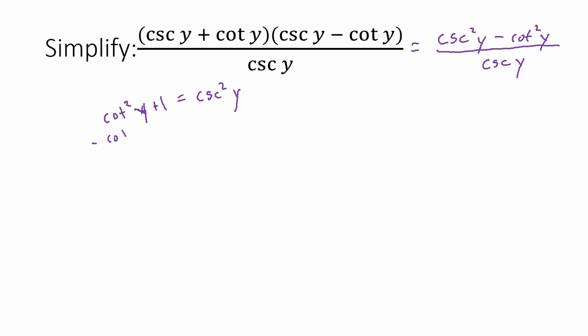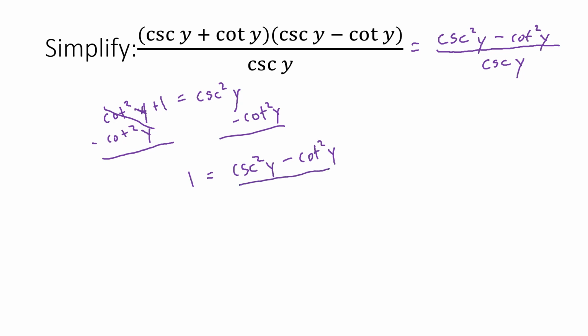So if we were to subtract the cotangent squared from both sides, the cotangent squared would cancel out here, and we would have just 1 on the left. And then we have cosecant squared y minus cotangent squared y. This expression is the same as 1. So when we work this problem out, our numerator would just work out to be 1. And we bring down what we already have, which is the cosecant.